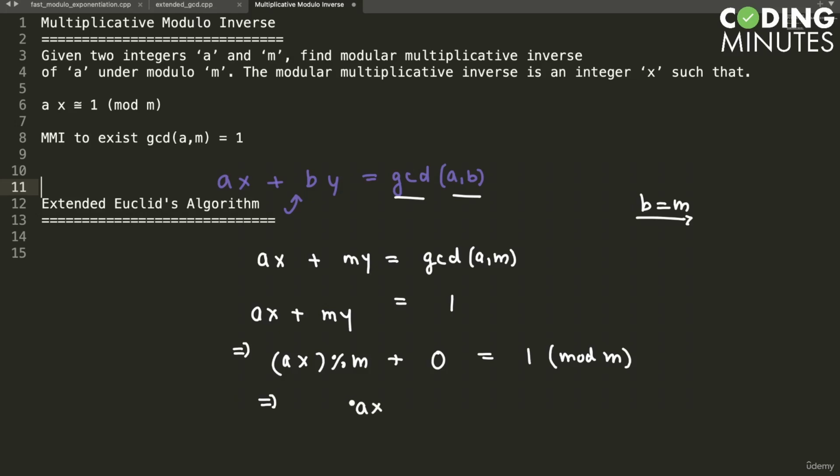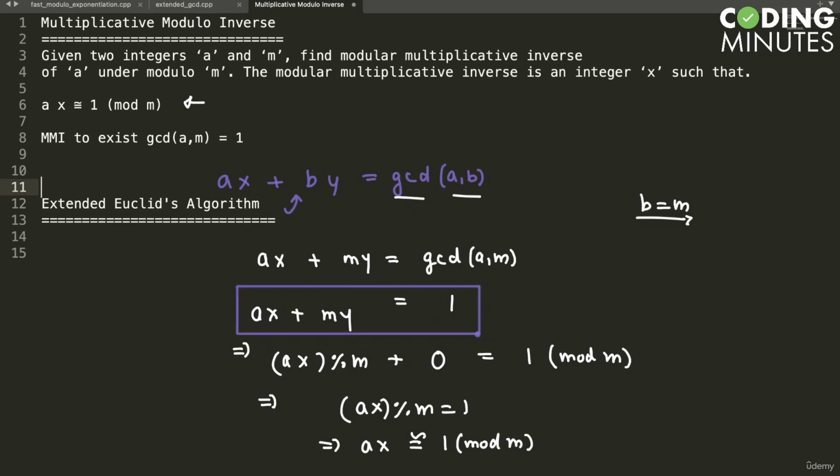That means ax mod m is equal to 1, or ax is congruent to 1 mod m. So what we are trying to say is, if you find the solution to this particular equation, then you will get the desired value.